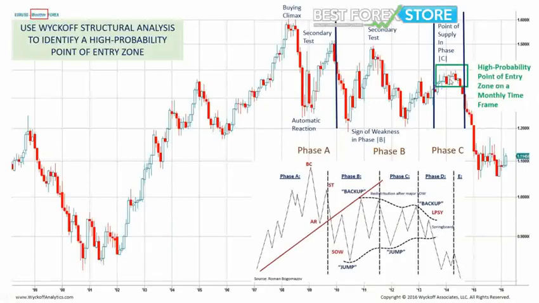And another question before we go there. Isn't volume a criterion to identify phases? And for us, yes, absolutely. And in the advanced Wyckoff course, we would devote a whole series, a whole month, to the supply and demand signature, and we would go into the details of the phase volume signatures.